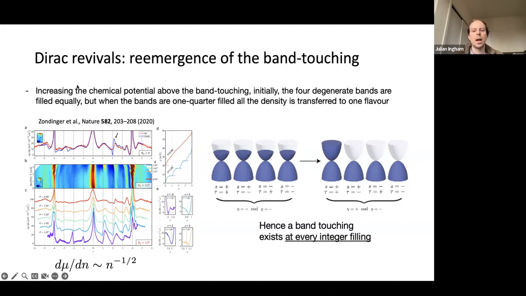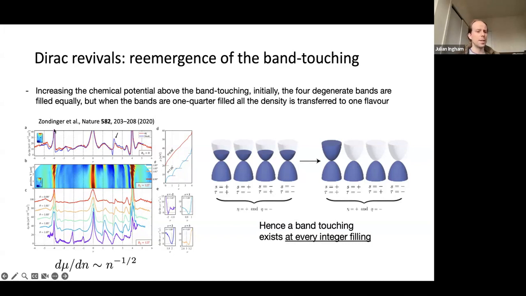The original experiment argued that this happened based on these reset sawtooth features in the electronic compressibility, which basically tracks the change in the chemical potential with density. So initially, as you increase the density, the chemical potential goes up, and then at integer fillings, the chemical potential jumps back down, producing this sawtooth-like feature.